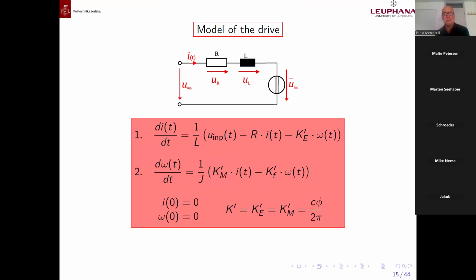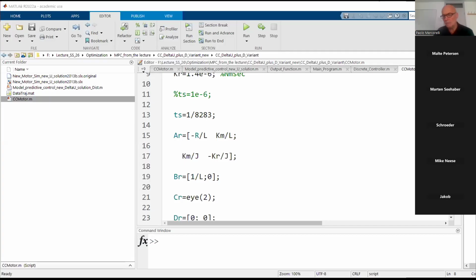I don't remember, I have to check in the data sheet. But in any case, they are the same if you use the same unit, at least ideally, in DC mode, just to understand what I intend with this Km. But I think I already told you two or three times.